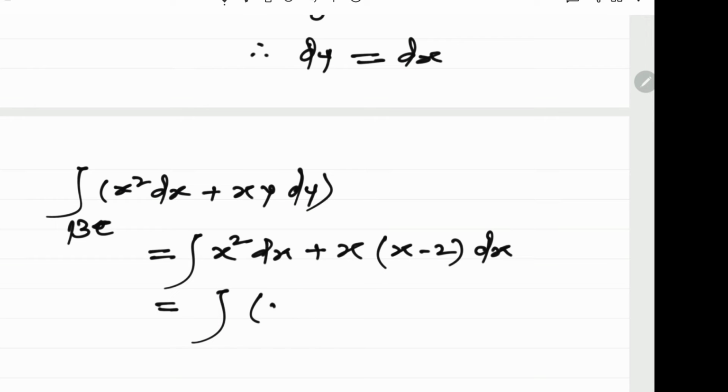And therefore it is x square plus x square, once again 2x square, minus 2x, and its integration with respect to x, and see how x changes over that BC.